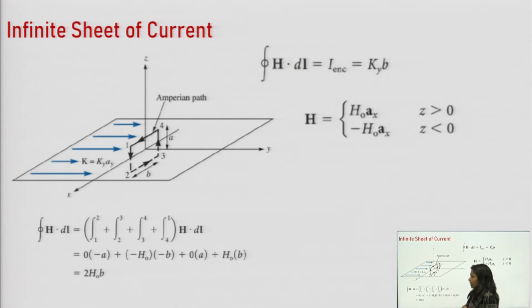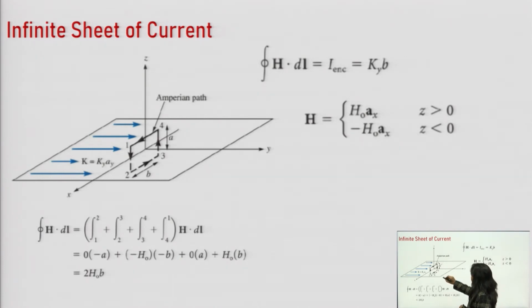Now, according to Ampere's law, we know that H dot dl is equal to I enclosed. But here, as we are using an infinite sheet of current, meaning a surface current distribution is given, I enclosed will be K_y b.